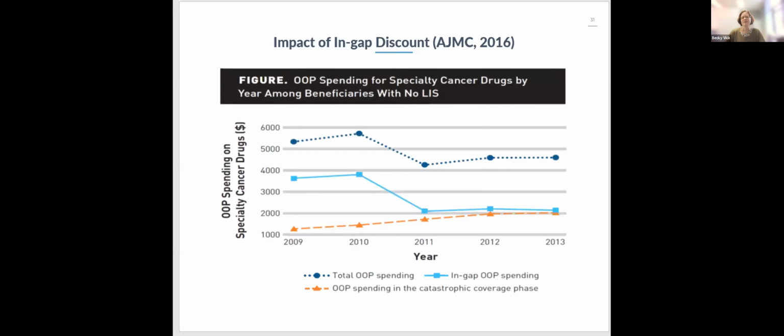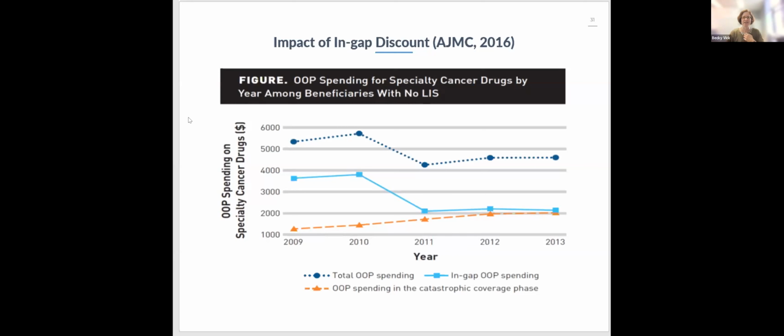So here is a chart to give you an idea of what you could potentially produce using the PDE data. Everything you need to create this chart is in the PDE files. This figure depicts out-of-pocket spending for specialty cancer drugs by year among beneficiaries with no LIS.